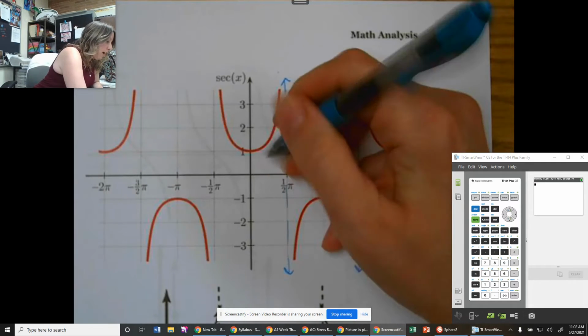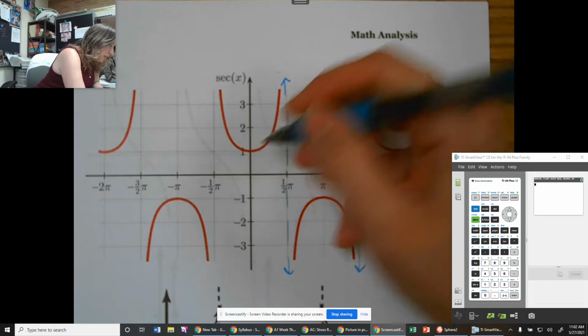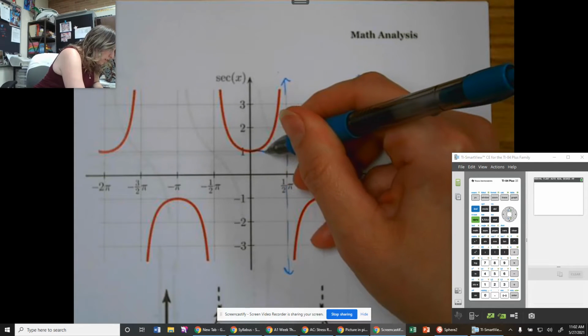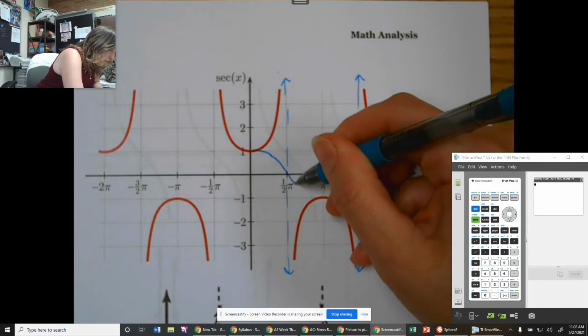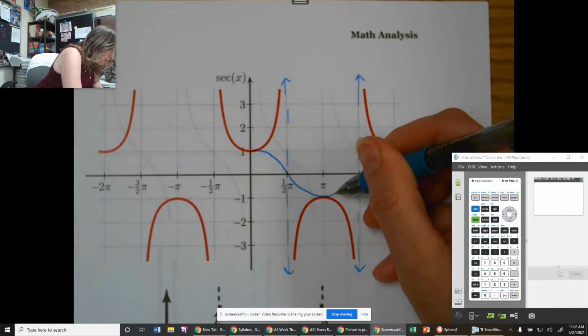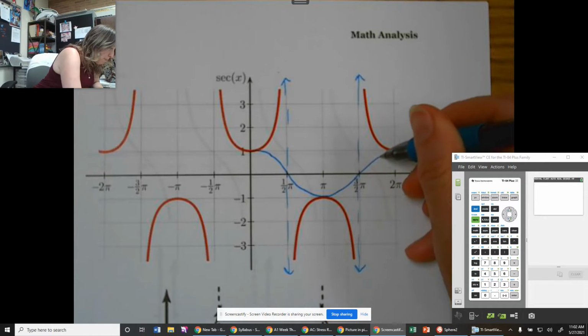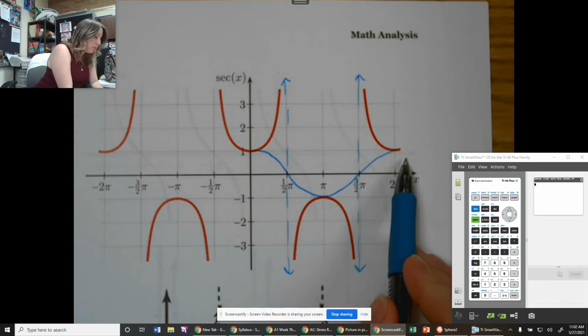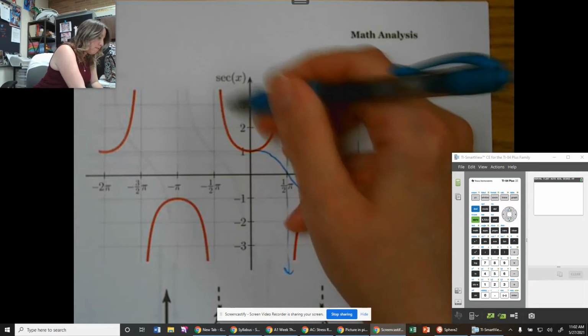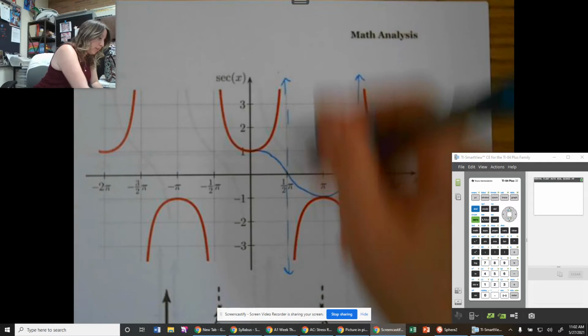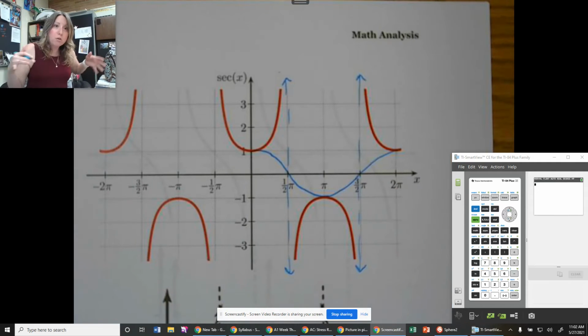And it's the opposite of how your cosine function normally goes, where it normally starts here, heads down, and does the cup, and then comes back up. So this is the opposite of that, having your peaks and valleys right above. But again, these asymptotes block them from actually hitting at 90 and 270, because that's where they're undefined. We're dividing by 0. Not something we can have anymore, right?